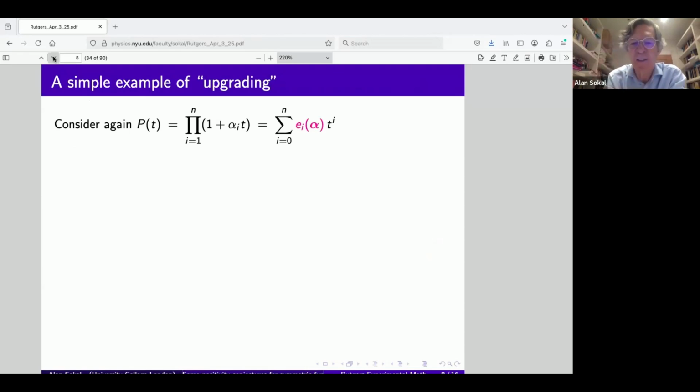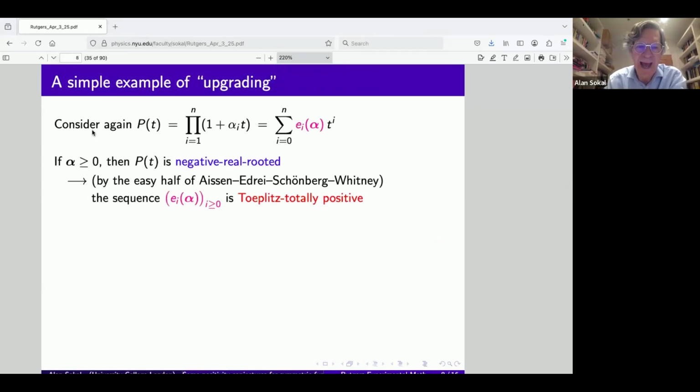So the coefficients are elementary symmetric functions. And if the alphas are non-negative, then the polynomial is negative real rooted. And using the easy half of the Aissen-Schoenberg-Whitney theorem, it follows that the sequence of elementary symmetric functions is Toeplitz totally positive.